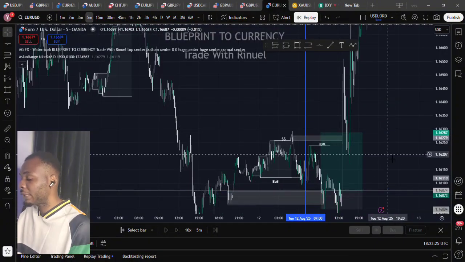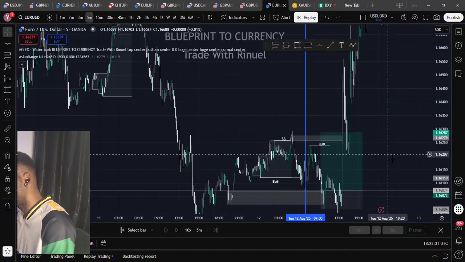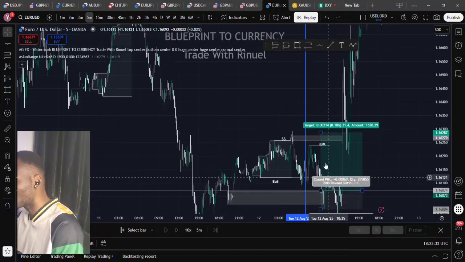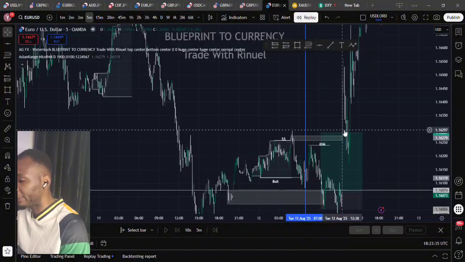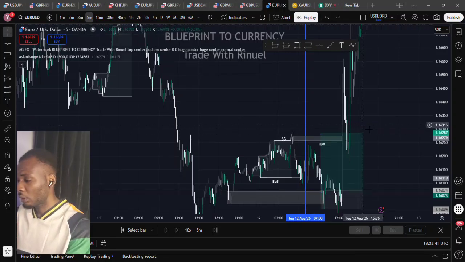So that means that is if price had already gone in profit before CPI drops. So I was going to bring my stop loss to this zone here, so that whatever CPI does, if CPI decided to go back against me, I know I'm not going to take a loss. I'm just going to close on break even.